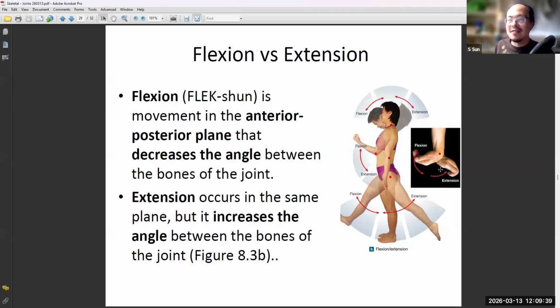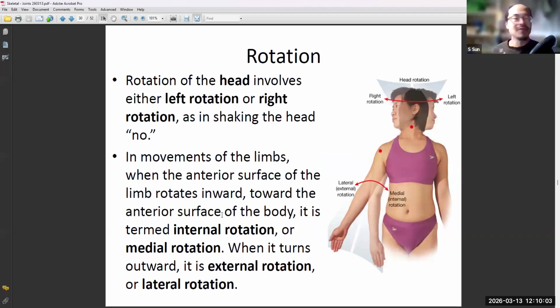Be concerned about the angle of the joint right here, the angle between the bones at the joint. Usually, if it's reduced, it's called flexion. If it increased, it's called extension. Rotation is easy. Just rotate. Left rotation, right rotation, like saying no, no, no.